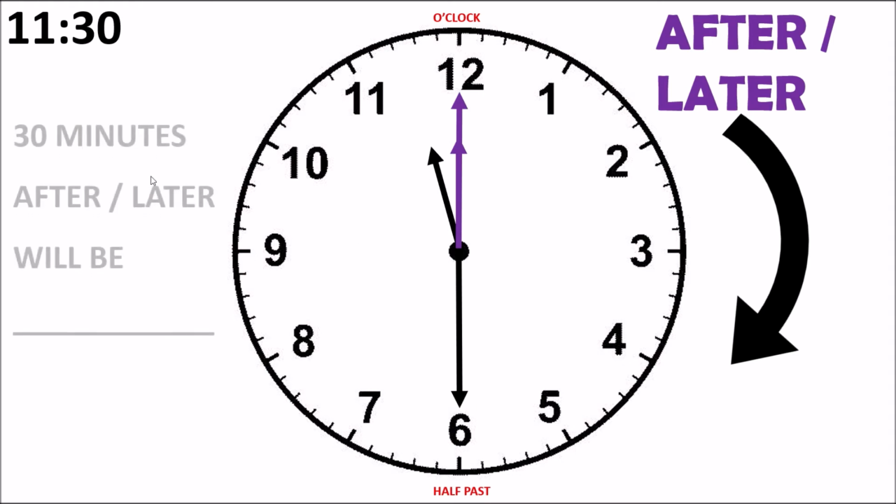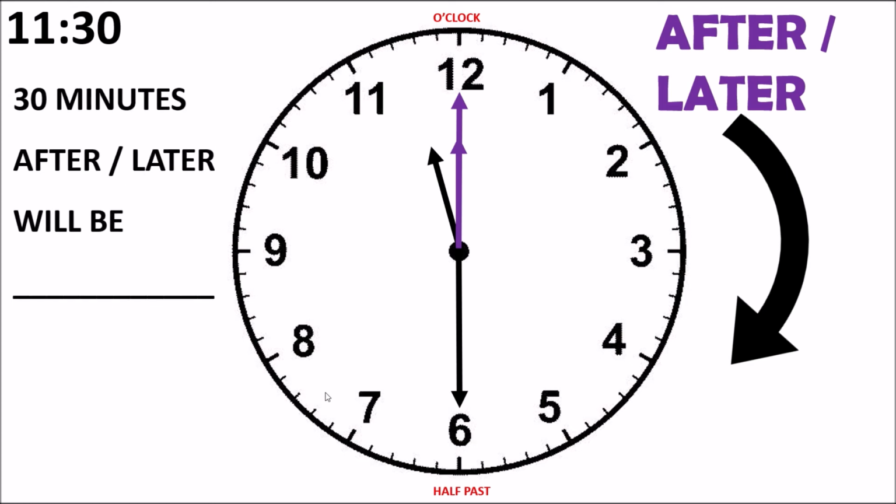What is 30 minutes after 11:30? What is the new time? It's 12 o'clock. So the minute hand moved from 11:30 all the way to o'clock. And now it's not 11:30, it's 12 o'clock.